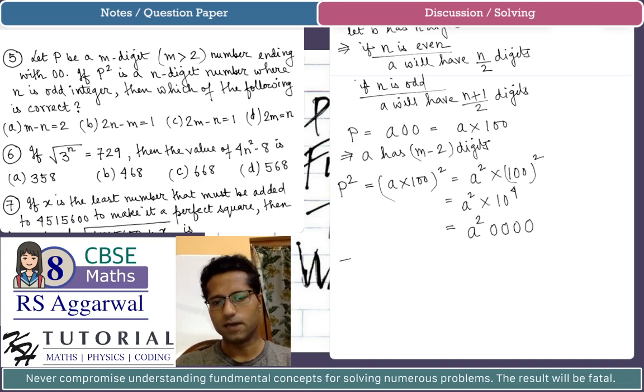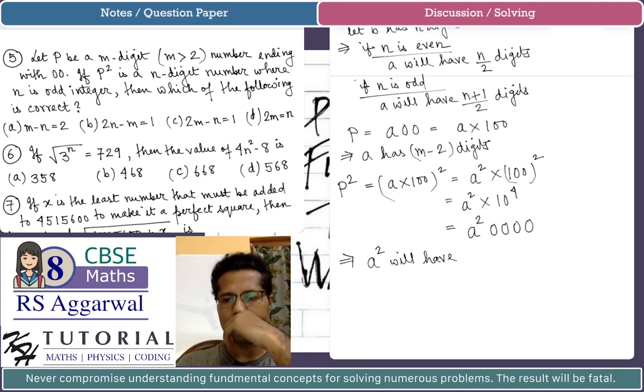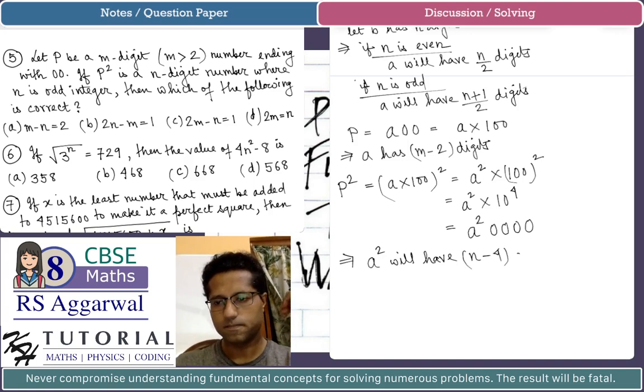Now it is given that P square is having n digits, so this will imply that A square will have n minus 4 digits.